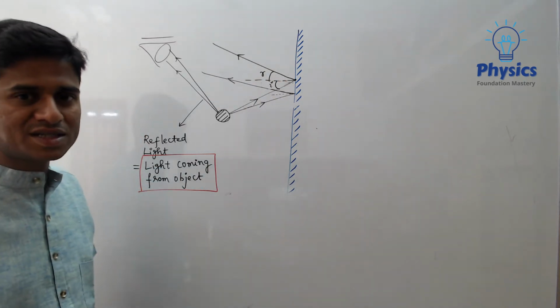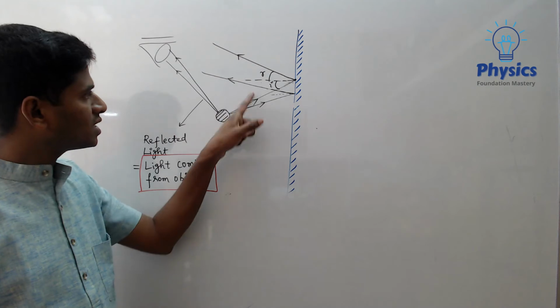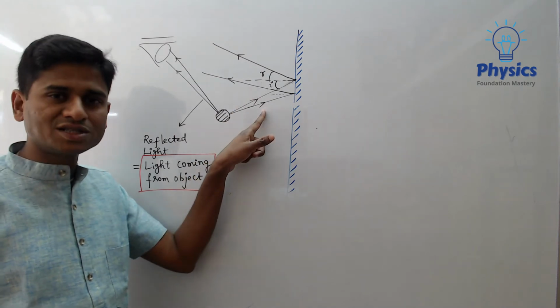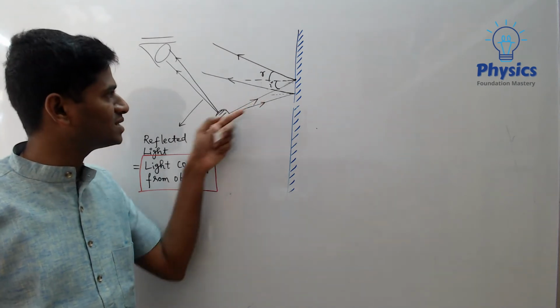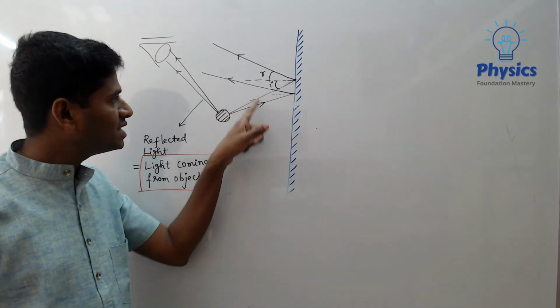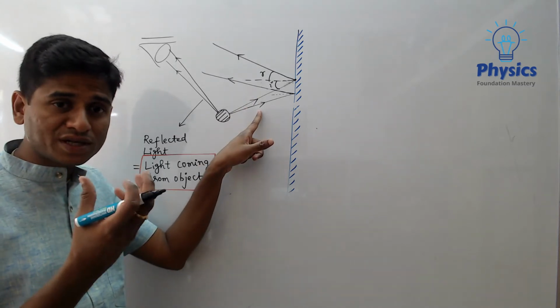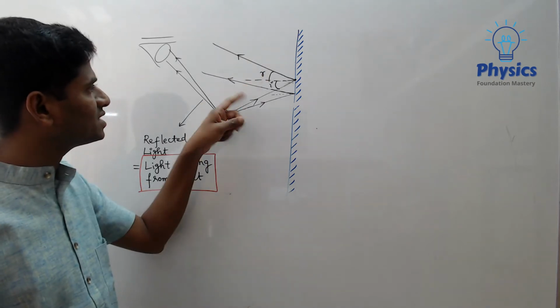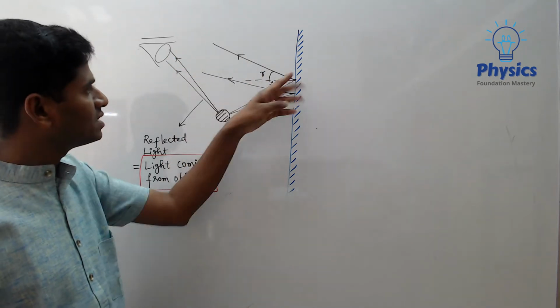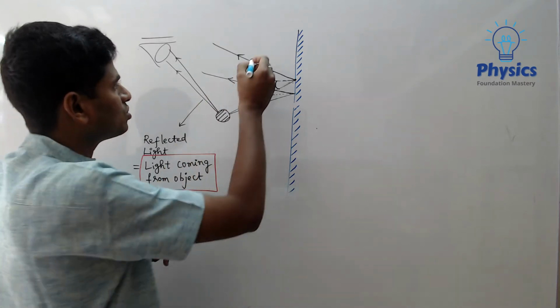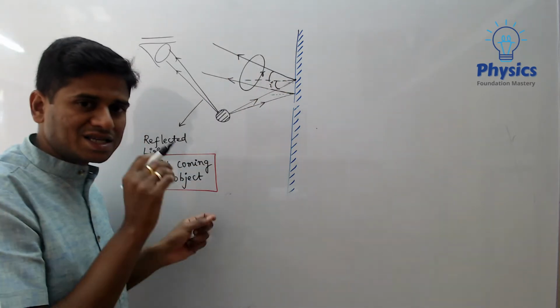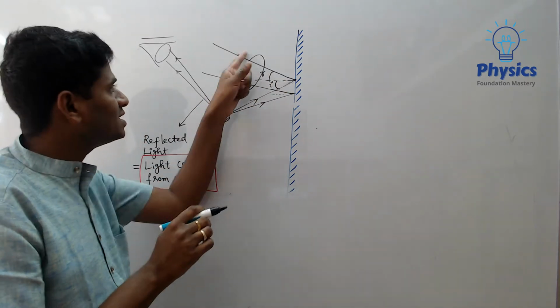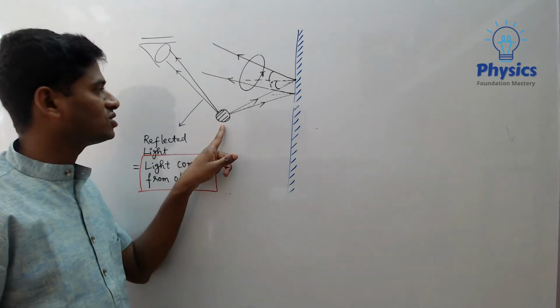Now my dear friends, please try to understand. What are these rays? It is not just two rays actually. You have so many rays in between as well. These light rays contain the visual information about this object. Similarly, these two rays have just got reflected. What are these two rays? These are reflected rays. But these rays are coming from where? This object.